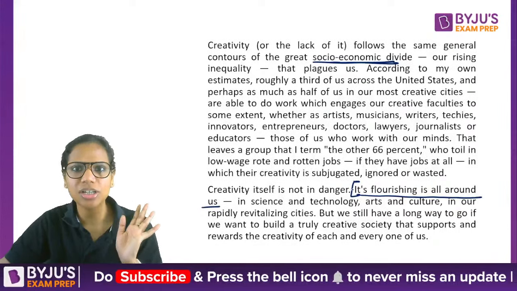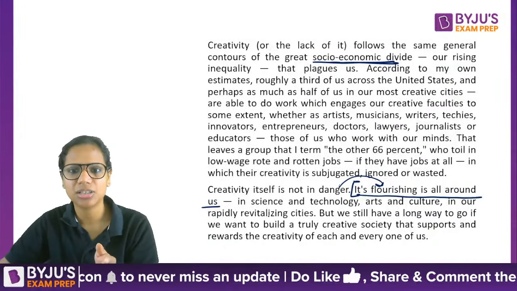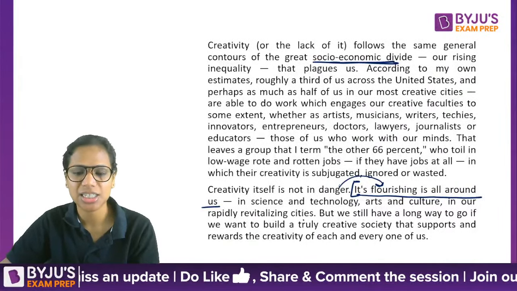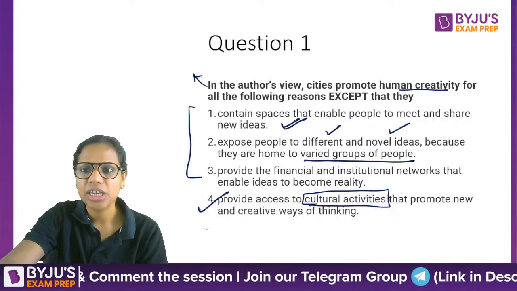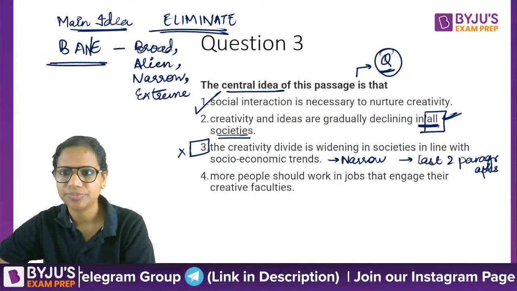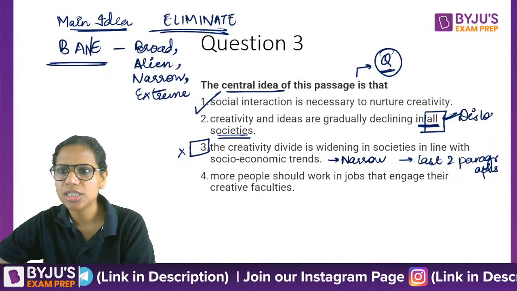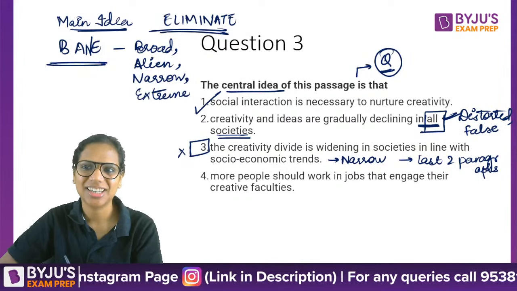Creativity itself is not in danger. Its flourishing is all around us in science and tech, arts and culture, in rapidly revitalizing cities. So that option goes against this line. It is distorted. It is in fact false as per my RC passage.